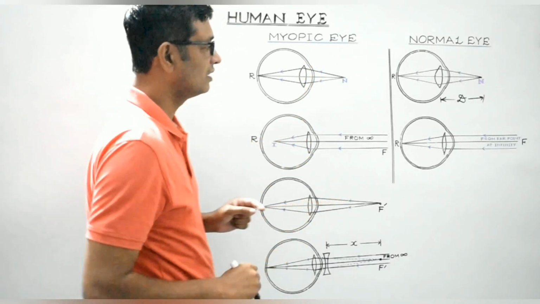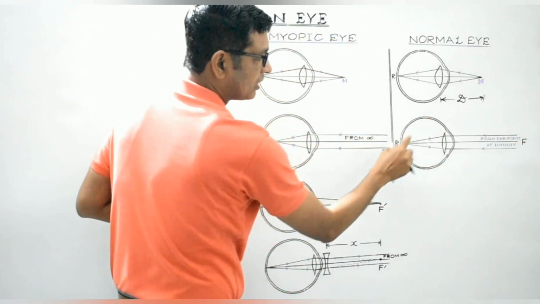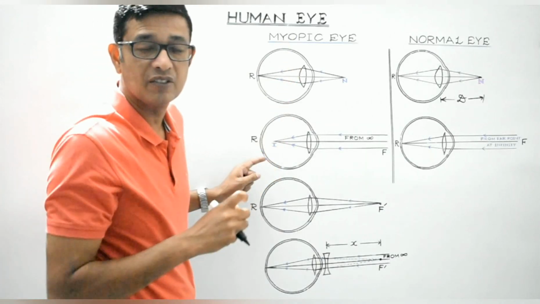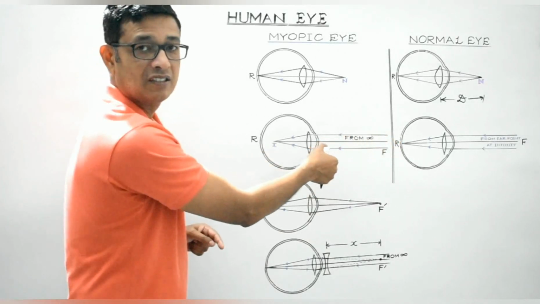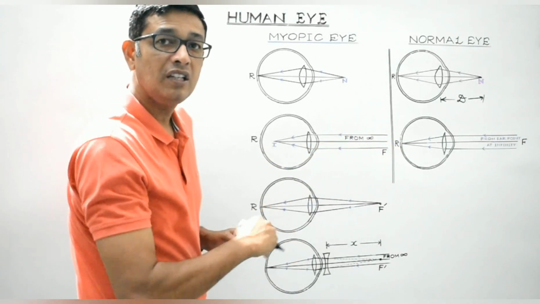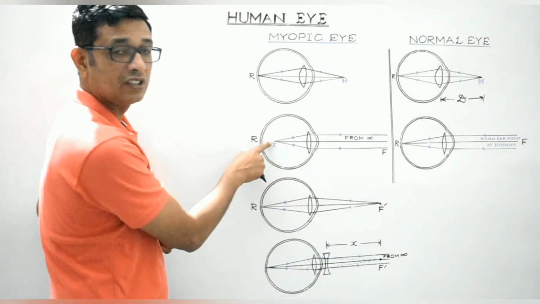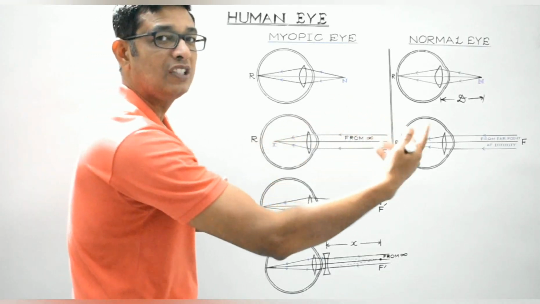In the case of a normal eye, the image of a distant object is formed at the retina. But if a person is suffering from myopia, then the rays coming from a distant object tend to get converged in front of the retina, not at the retina. This is what the diagram shows. So the image is formed in front of the retina.